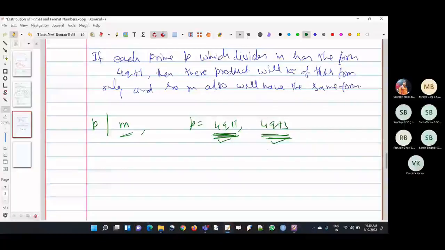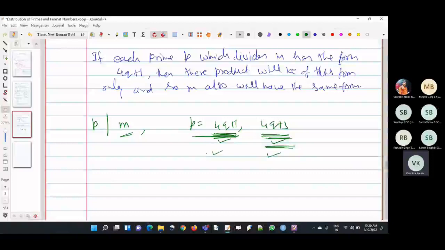All right. So if every divisor of m has this form, then we will be considering one case. The other case may be that every divisor has the other form, or some divisors are of this form and some are of that form.